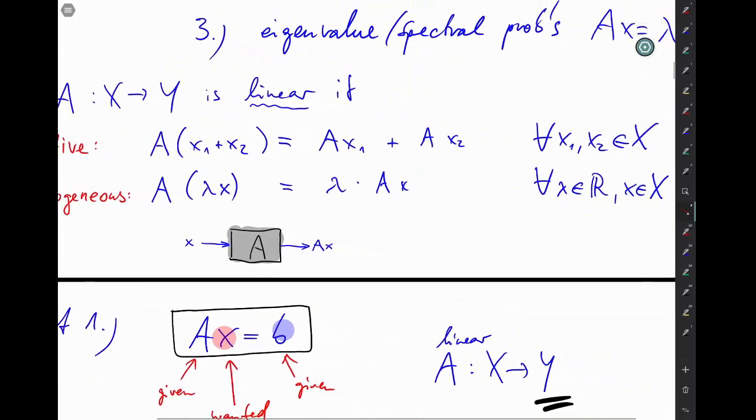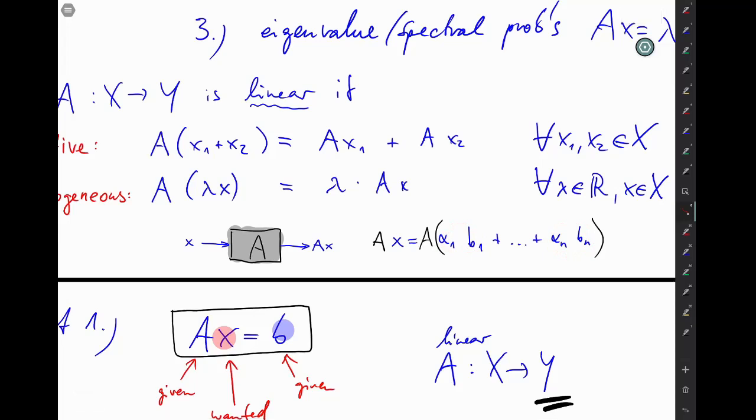So for example, if your little x is of the form alpha 1 b1 plus and so on alpha n bn, where b1 to bn are your basis elements, then applying the operator A to that x, which means sending this whole linear combination through the machine, means sending each one of those through the machine and adding up afterwards. And this you could even simplify by getting the little alphas out.